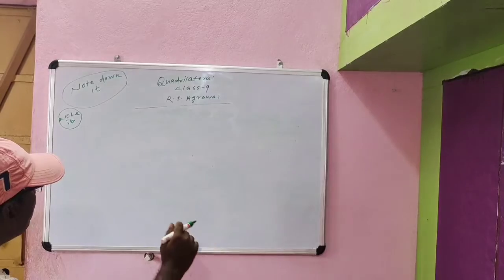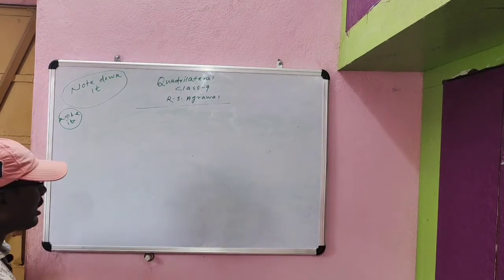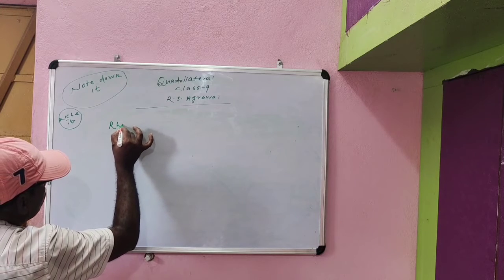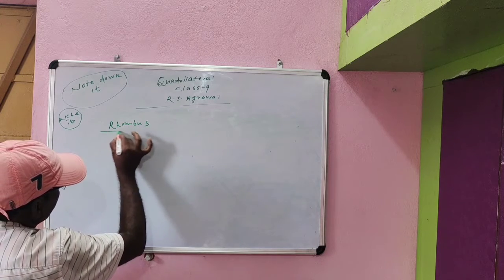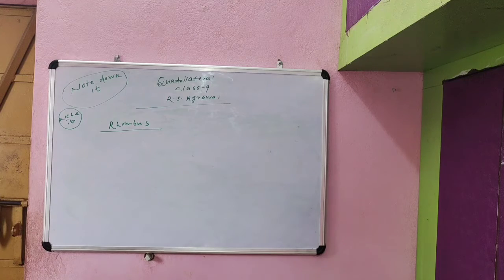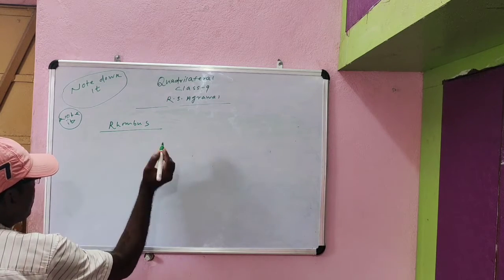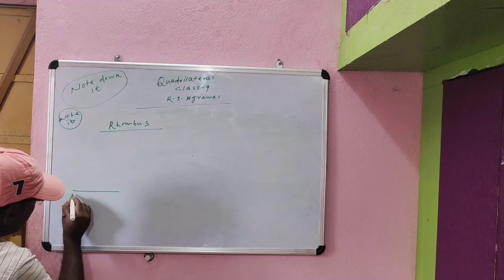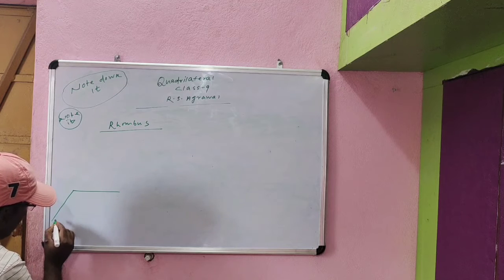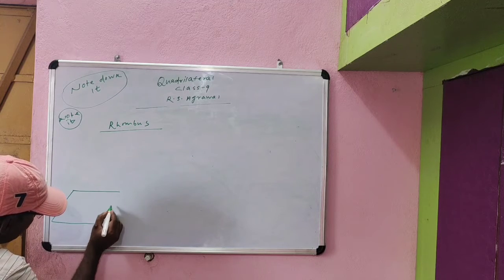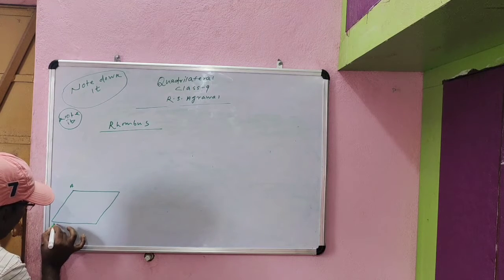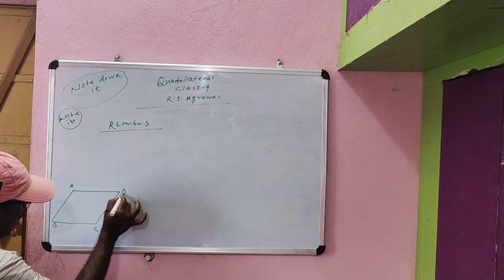Now the fifth type of quadrilateral is the rhombus. Then what is a rhombus? A rhombus is also a parallelogram in which all the four sides are equal.